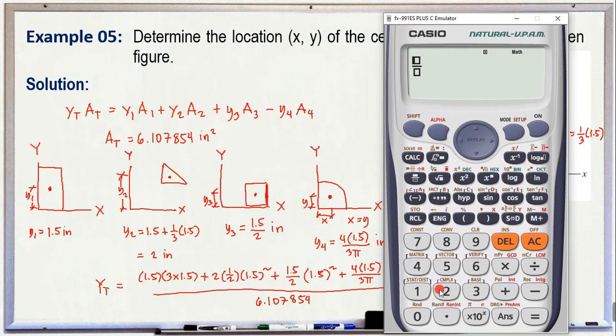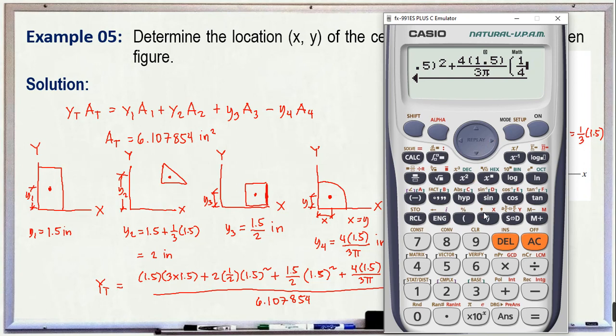So we're going to use our scientific calculator. We have 1.5 times 3 times 1.5 plus 2 times 0.5 times 1.5 square plus 1.5 divided by 2 times 1.5 square plus 4 times 1.5 over 3 shift pi times 1/4.